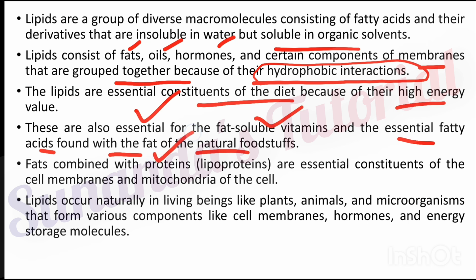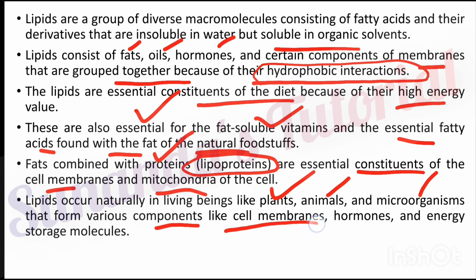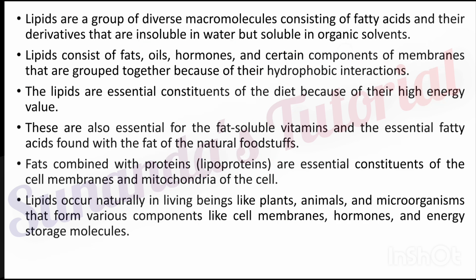Fats combined with proteins, called lipoproteins, are an essential constituent of the cell membrane and mitochondria of the cell. Lipids are naturally present in living beings like plants, animals and microbes, forming various components like cell membranes, hormones and energy storage molecules. So this is some basics about lipids.